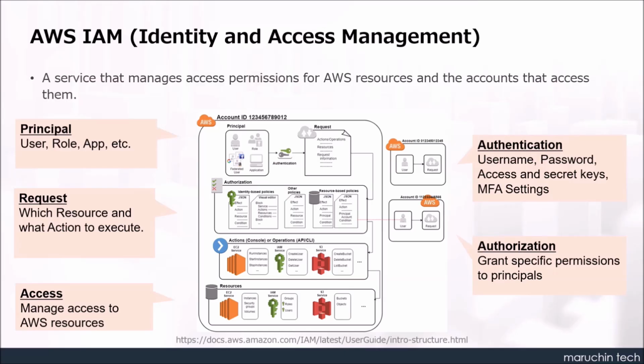An IAM user holds permissions to execute specific actions on specific resources. Furthermore, IAM can set permissions not only for users, but also for resources. For example, you can set permissions to allow a specific Lambda function to execute or be restricted from specific actions on a specific DynamoDB table. This enables security designs such as the principle of least privilege.